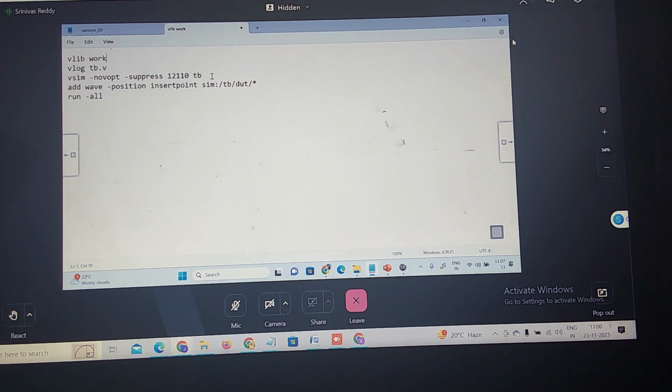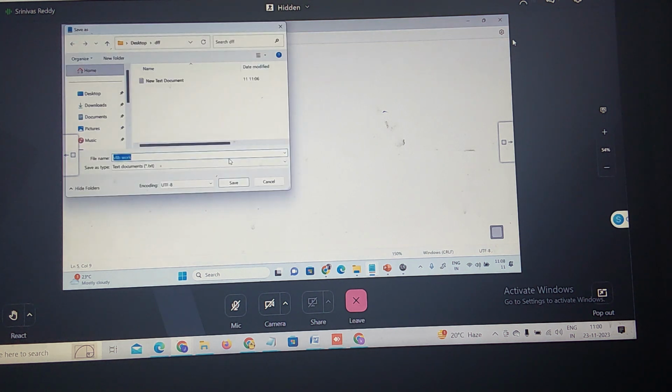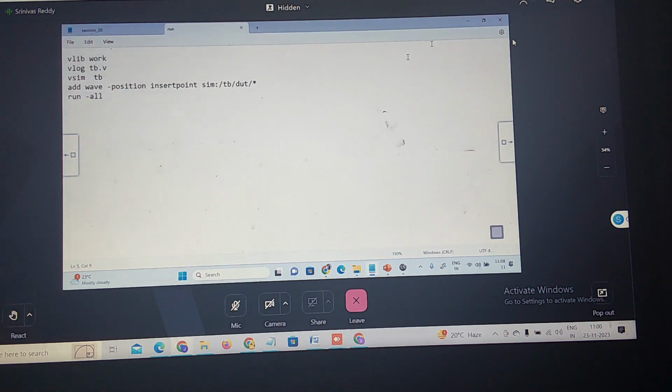I think this is not necessary, right? This is a ModelSim command, vsim tb. Then add the wave sim tb and dut and run. Then file, save as, run.do file. Just save all.